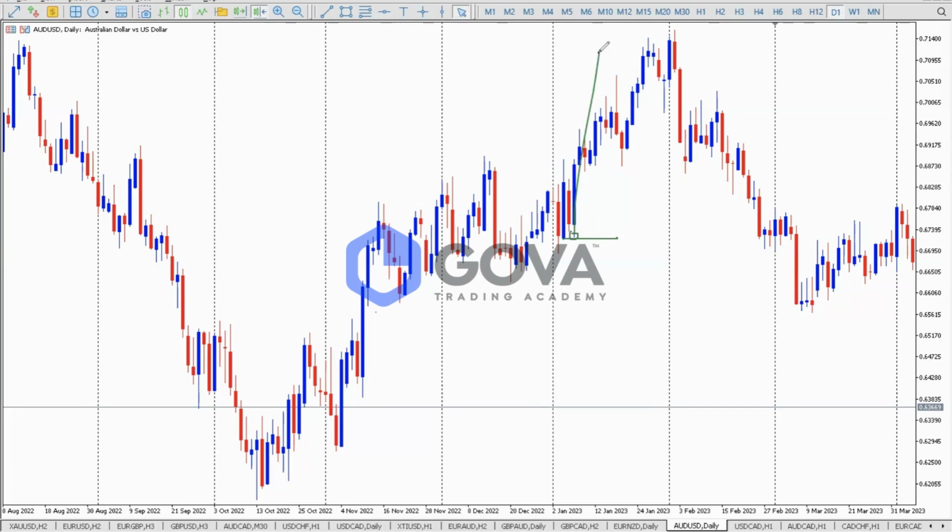Why did market price go up? That is because previously, when market came into that area, it had been rejecting the area for buyers. Market came there, rejected, came there, rejected, came here, rejected. So if market happens to come back again, it has to reject.